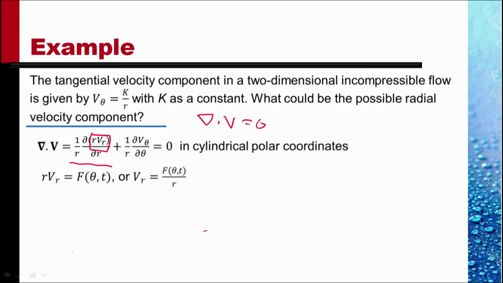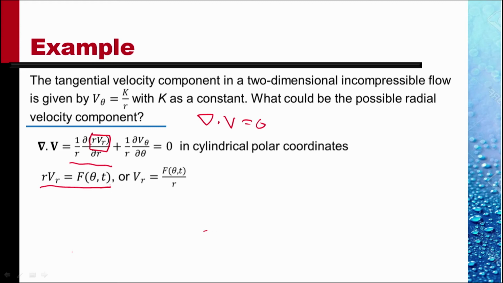That is, r Vr can be a function of theta and t only, not of r. This gives Vr is equal to some function f of theta and t divided by r. Vr varies inversely as 1 over r. There could be dependence on theta and dependence on time.